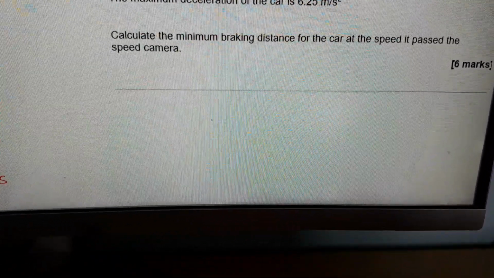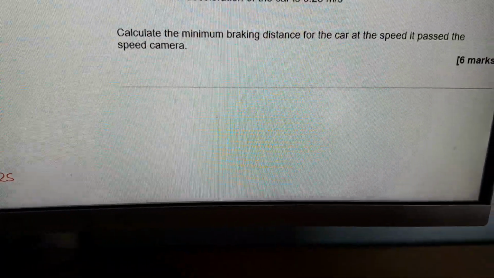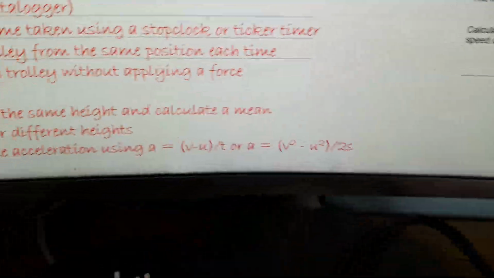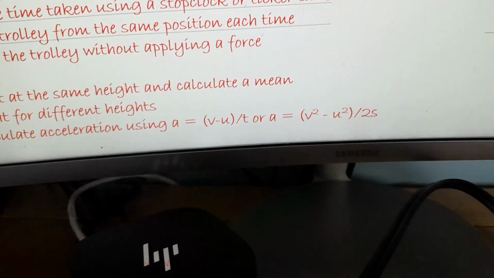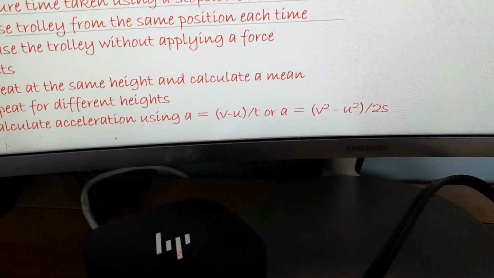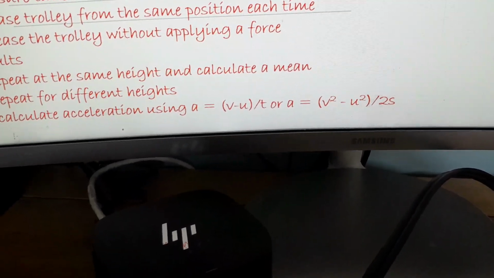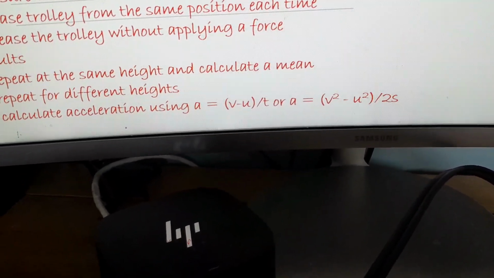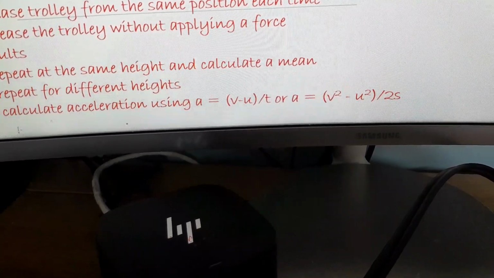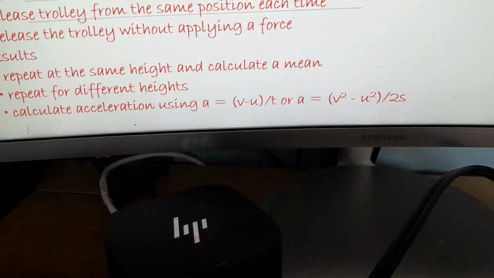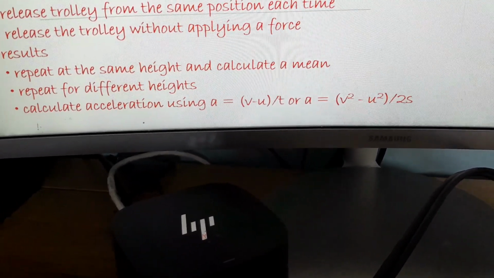Make sure you've paused it and had a go yourself using a equals v squared minus u squared divided by 2s, where a is acceleration, v squared is your final speed, u squared is your initial speed, which is your 14 divided by 0.7, and 2s is 2 multiplied by the distance. You have to rearrange it.